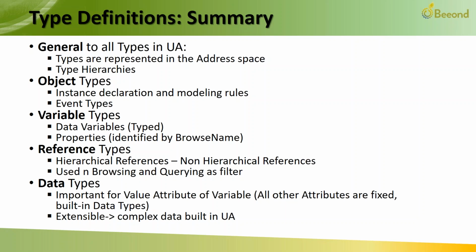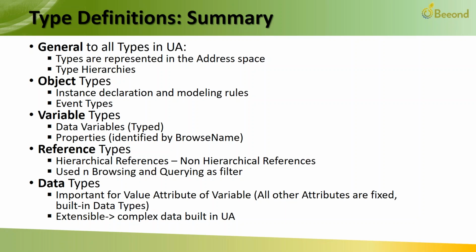Once you have references, the browse services as defined by the OPC UA specification and usually available in most of the stacks and SDKs, reference types can be navigated, can be used in the browsing, in the querying. You can filter address spaces by reference, and that allows you to basically model the semantic of your domain.